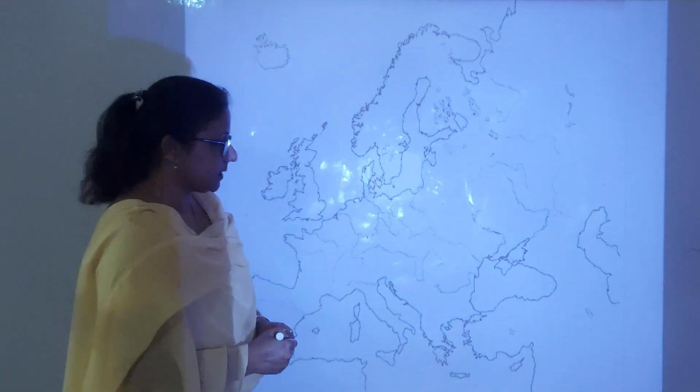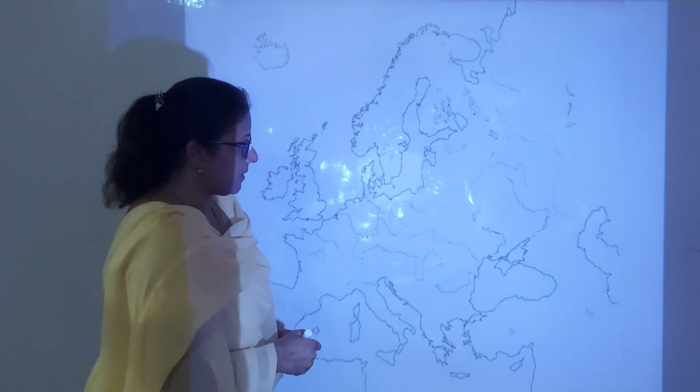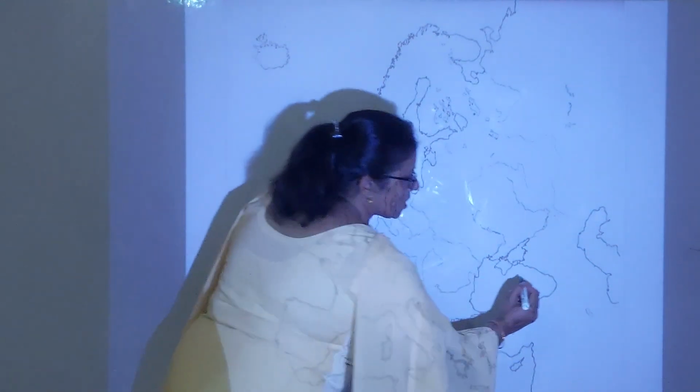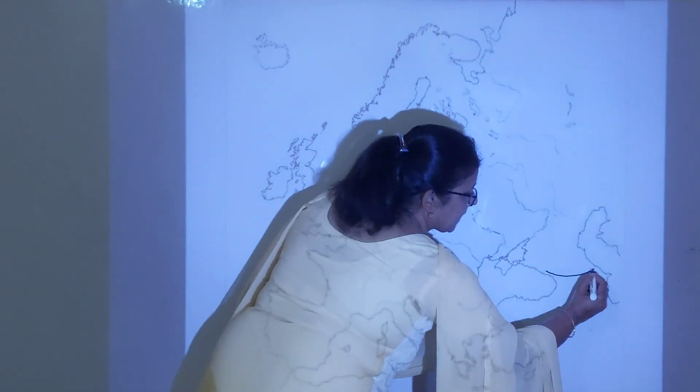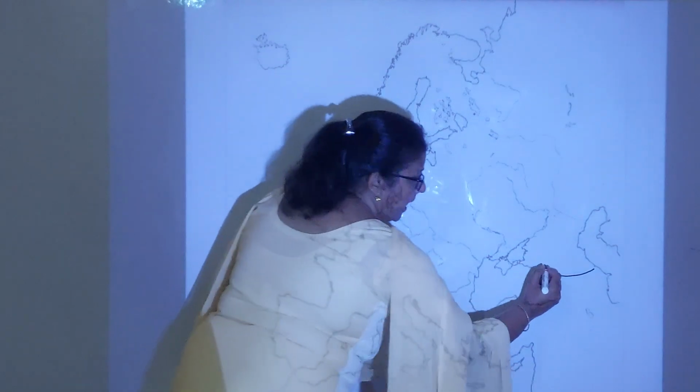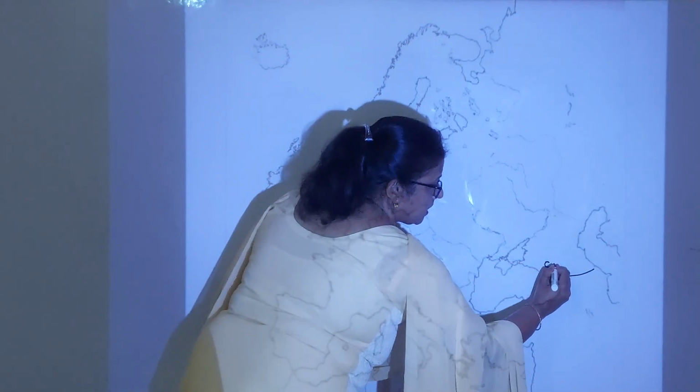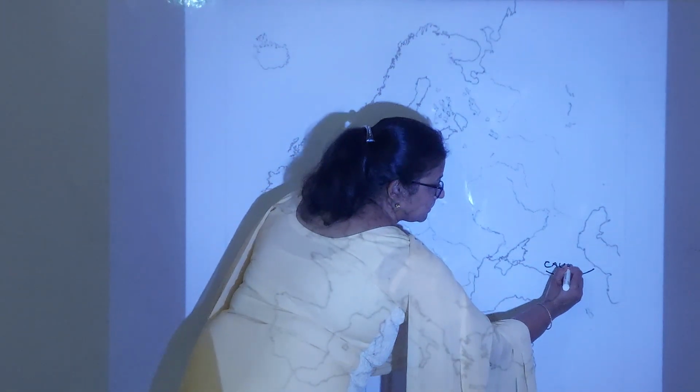So let us start. Now here we have an important range between the Black Sea and the Caspian Sea, and the name of the range is the Caucasus.